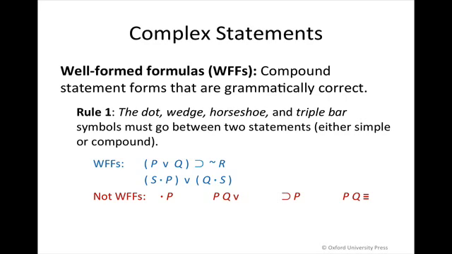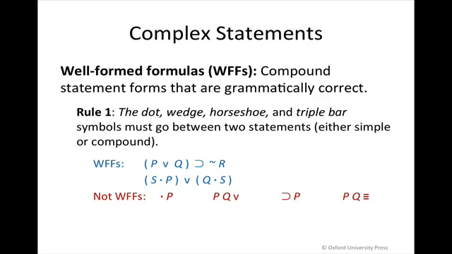And a well-formed formula is just logic's version of a grammatical formula. So you need to make sure that, for example, your tilde is to the left of whatever's being negated. You need to make sure that your dot is always in between two sentences, that it's never out front of a string of letters.